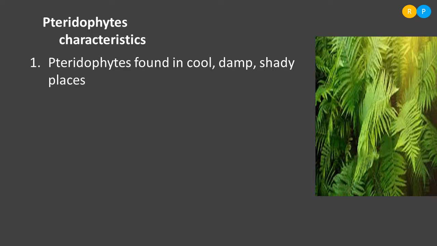So where the place is very cool and where we can find moisture content and a shady environment, in that particular habitat we can find the members of pteridophytes. So these members, the pteridophytic members, are well differentiated in their plant body.